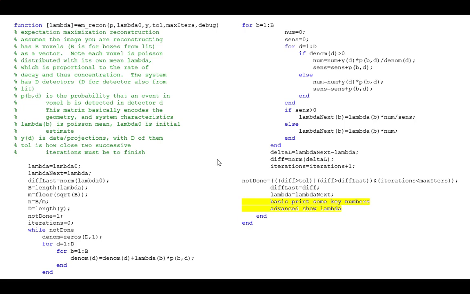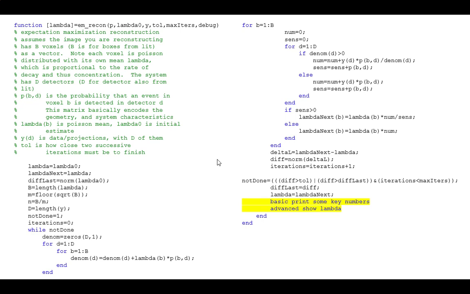Think of debug level as just an integer. If your debug level hits this basic level, say 1, I want it to print out some numbers you think are fairly important. How big is difference? How big is iteration? That's dead minimum. You might pick a couple other ones that are important.